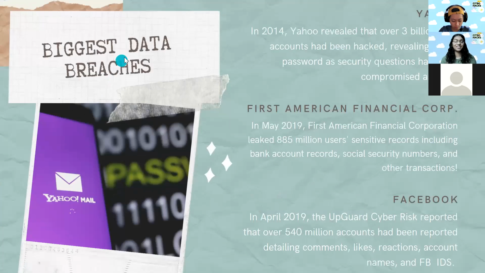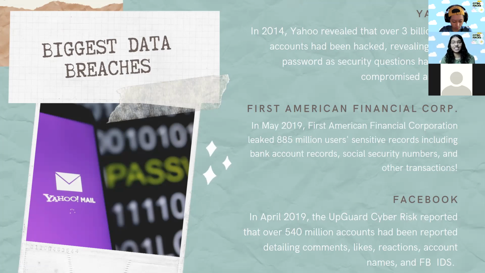One of the biggest parts of cybersecurity, and why it's such a big thing now, is because top companies have been affected by viruses and different hackers in many different approaches. The top three, well, not in order, but the biggest data breach that has ever occurred was the Yahoo one.